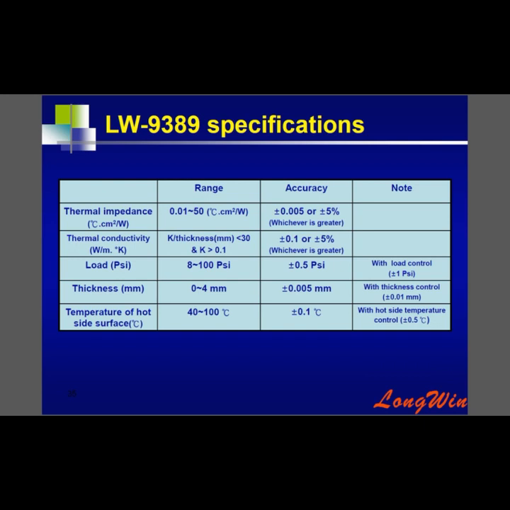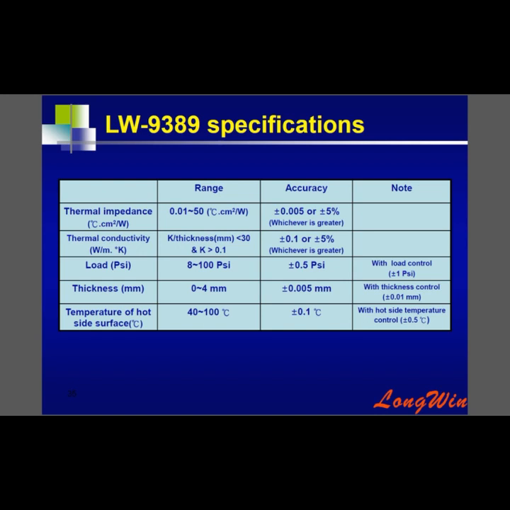And the second criteria is about the thermal conductivity should be higher than 0.1 watt per meter per Kelvin. And the deviation is plus minus 0.1 or 5%, whichever is greater. The third rule is about the press load.